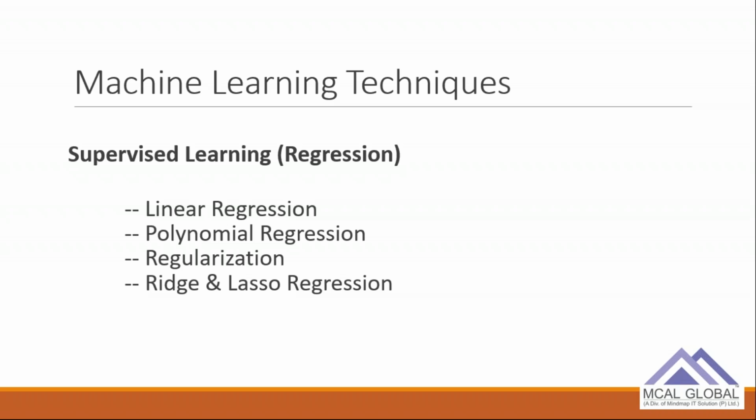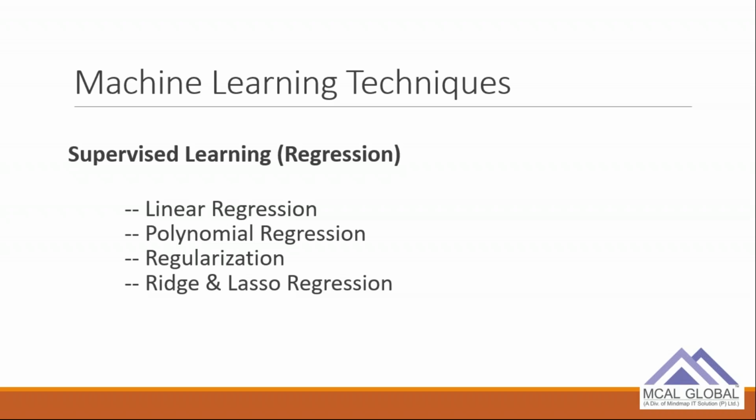Why am I focusing on linear regression as one of the most important techniques? I'll tell you right now, it will not solve 90% of your problems, because linear regression is too simple a model to fit your data. But it is the hello world of machine learning, because it is very important for you to understand the basics of machine learning, and linear regression is the simplest way to understand that.